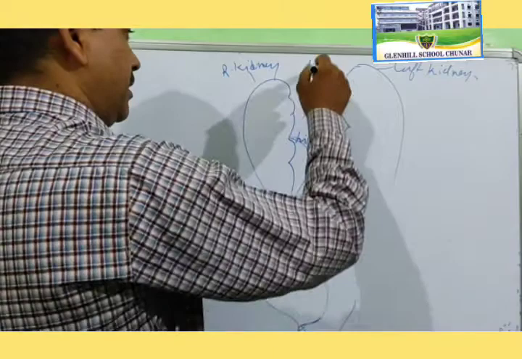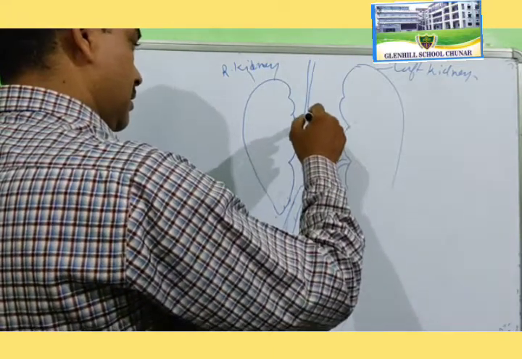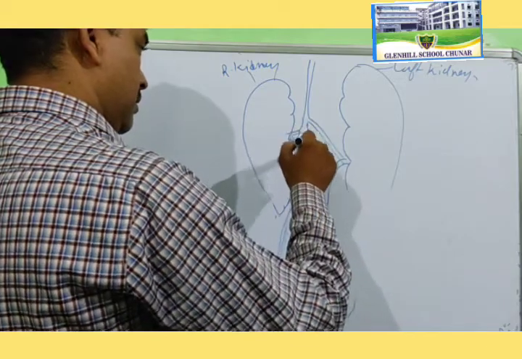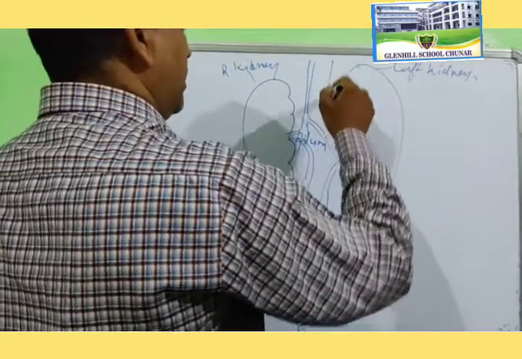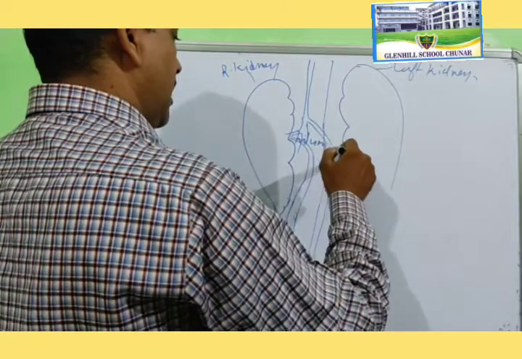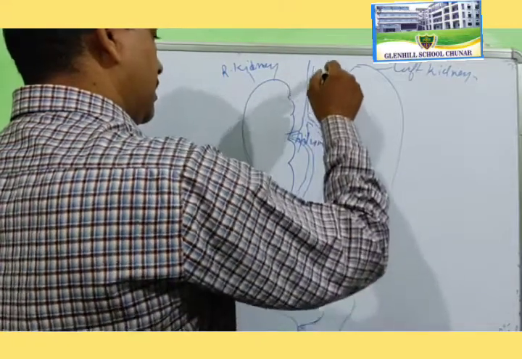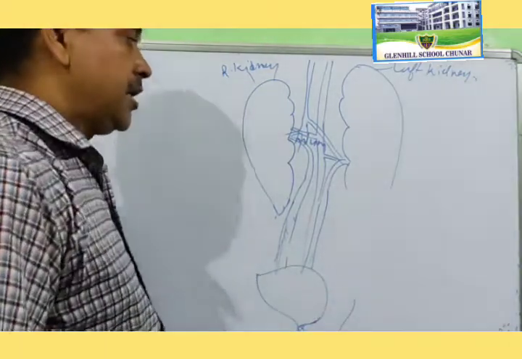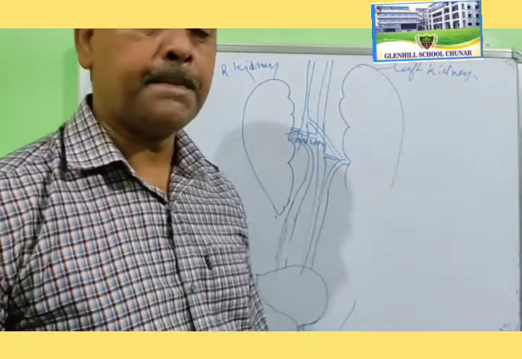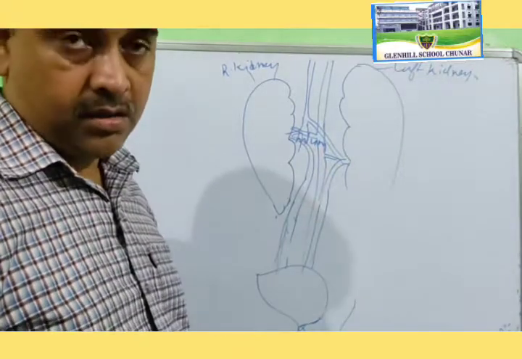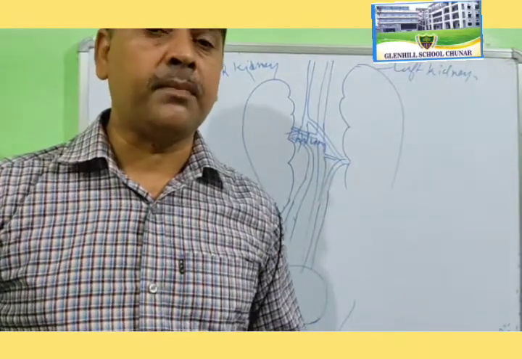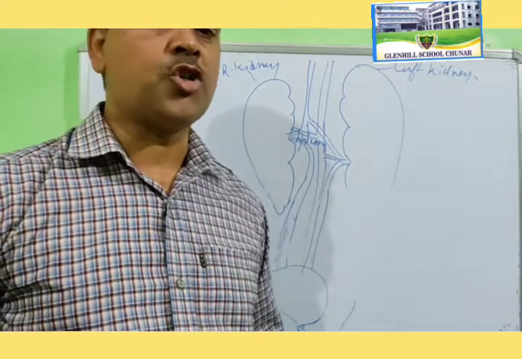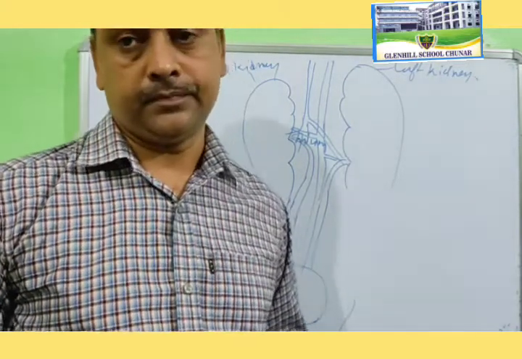And an efferent, and a renal artery and a renal vein are also connected with the hilum. So the renal vein collects the deoxygenated blood from the kidney and the renal artery provides the oxygenated blood to the kidney.